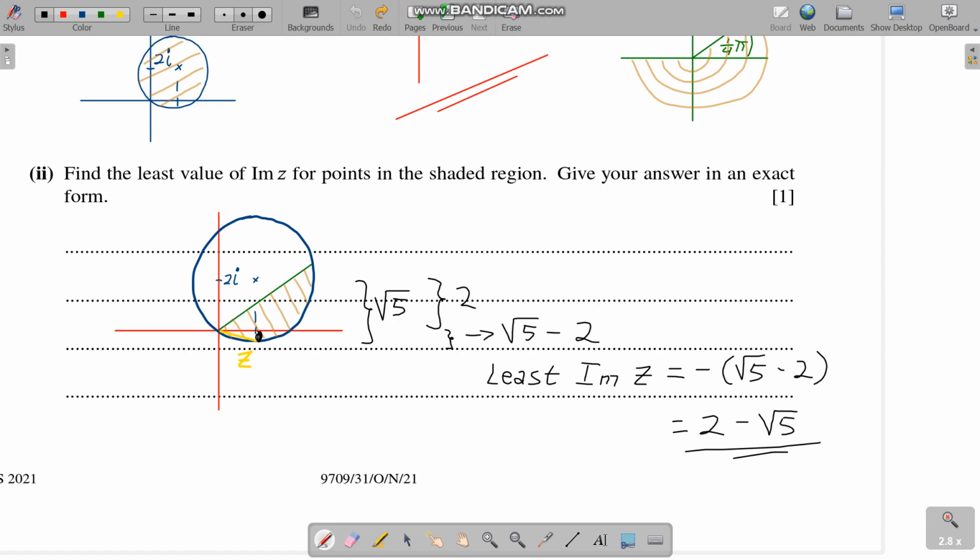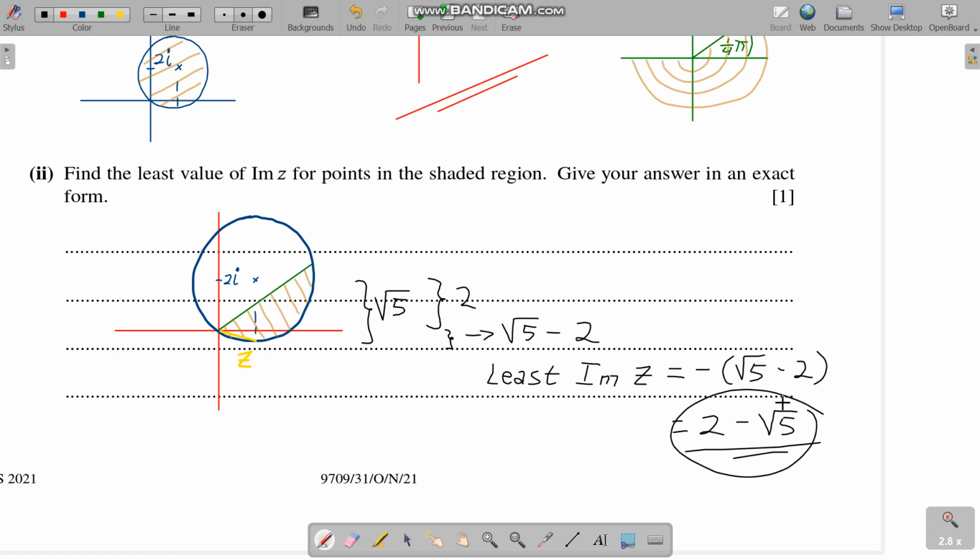That would be this y coordinate or imaginary coordinate, which is minus something, so it's going to be negative. So root 5 minus 2 is the positive value of the distance, but for the coordinates, the imaginary part would be negative this length. So the final answer is 2 minus root 5.